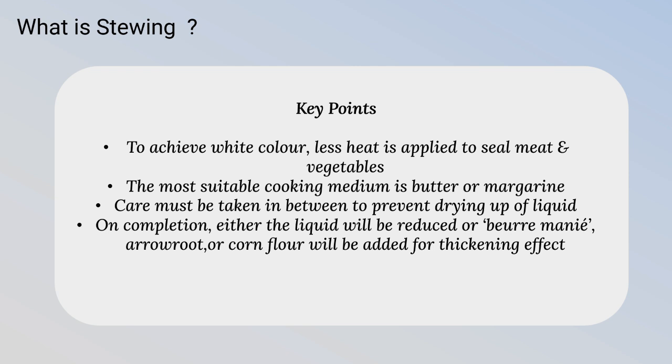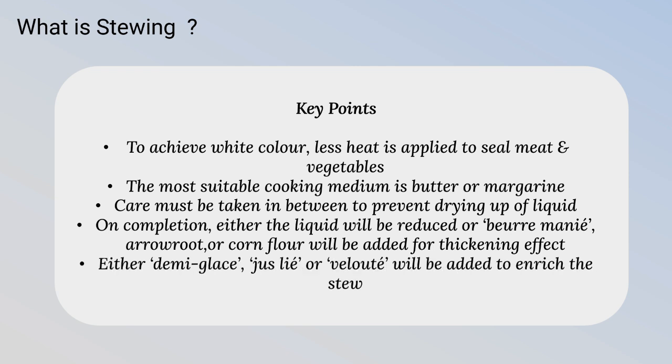If not, you can refer back. Arrowroot or corn flour will be added to get the desired consistency. Either demi-glace or jus lié or velouté will be added to enrich the stew.